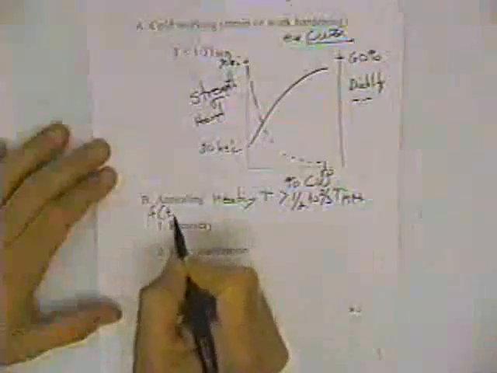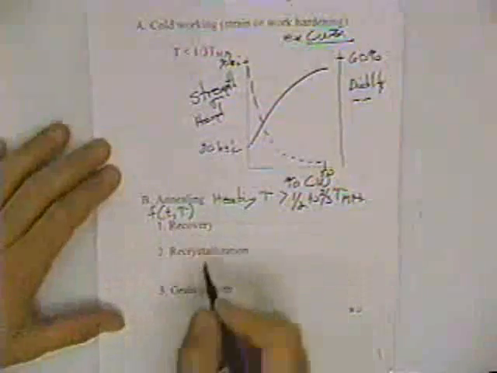Now, why do you want to be greater than half the melting point? Well, an hour ago we talked about diffusion. What kind of process was diffusion? Thermally activated, wasn't it? So the annealing process is a thermally activated process. So this is a function of time and temperature.